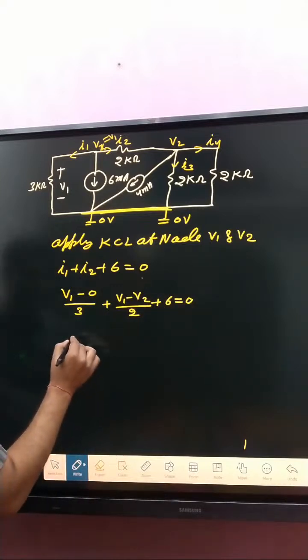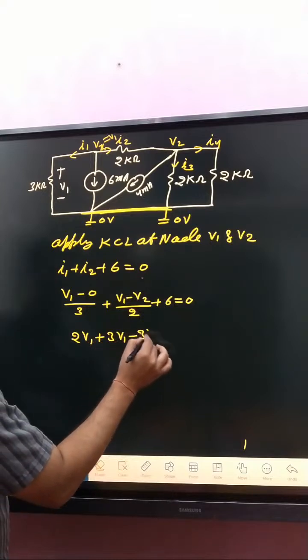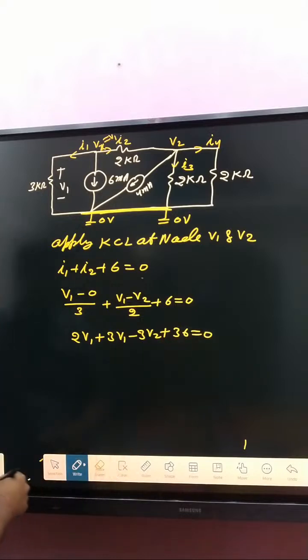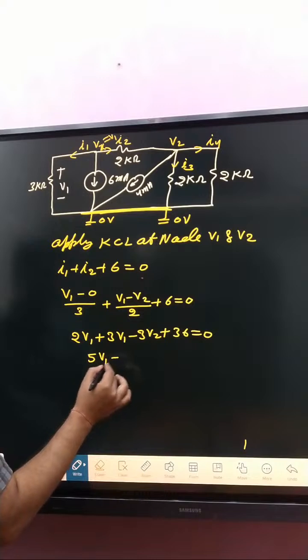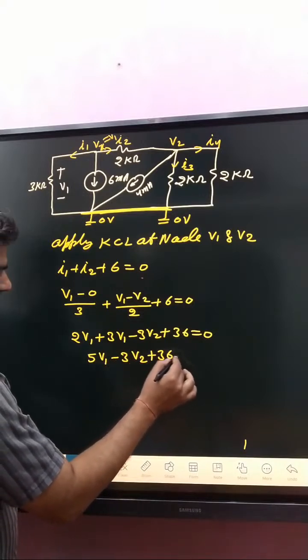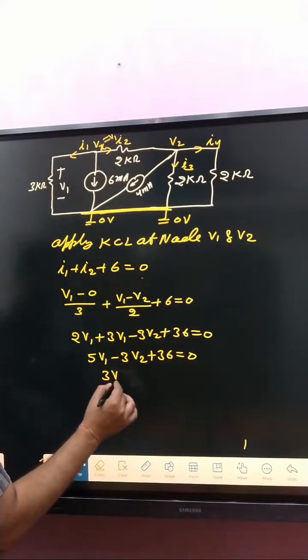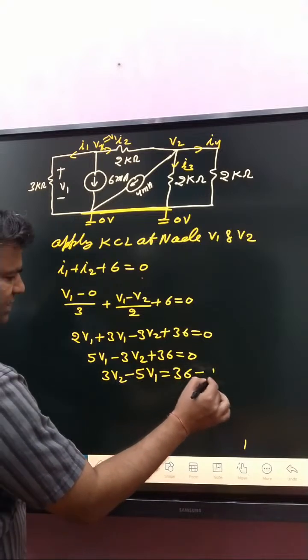Now take LCM, then 2V1 plus 3V1 minus 3V2 plus 36, this is equal to 0. So 2 plus 3, that is 5V1 minus 3V2 plus 36, this is equal to 0. Okay. So 3V2 minus 5V1 is equal to 36, equation number 1.